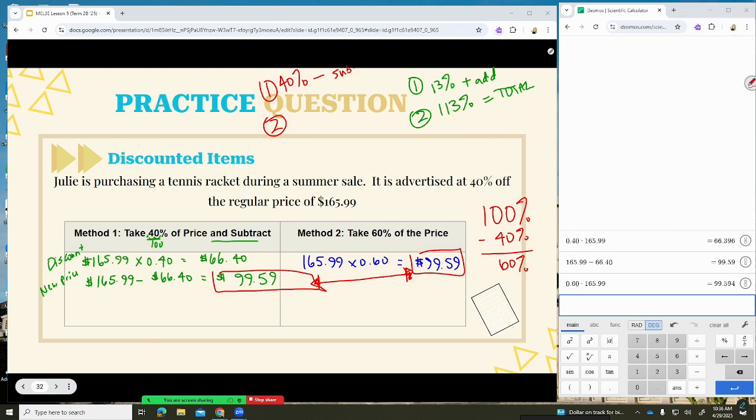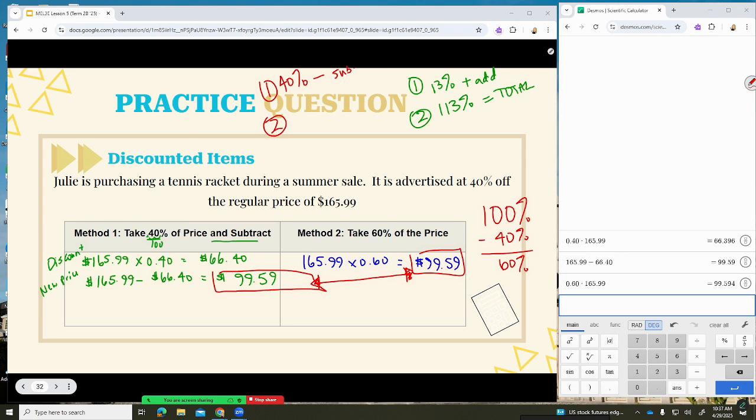Method 1 was just one extra step where you take off the 40%, you're finding that discounted amount and you're subtracting it from the regular. The second method is just going straight to what do I have to pay. In order to find what you have to pay, you need to find out what's remaining.